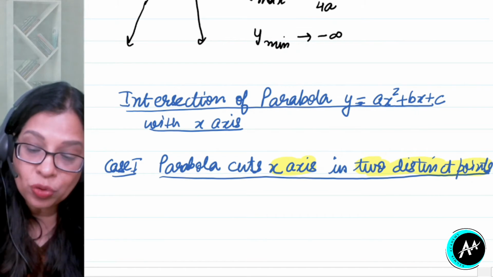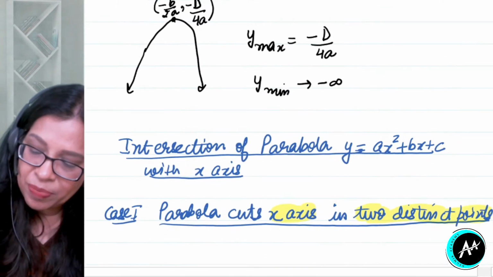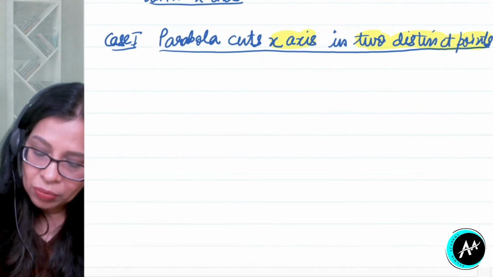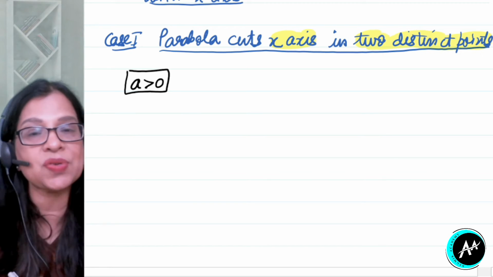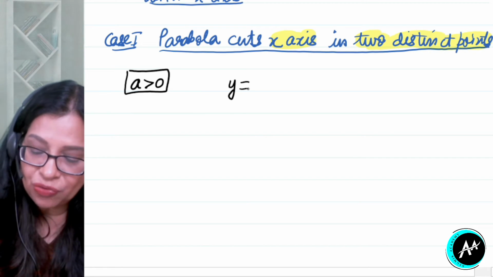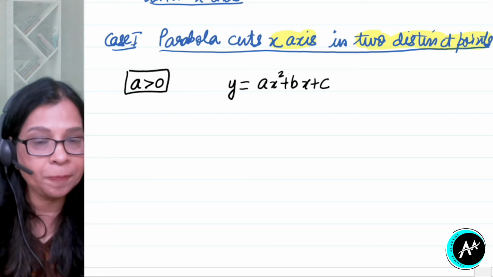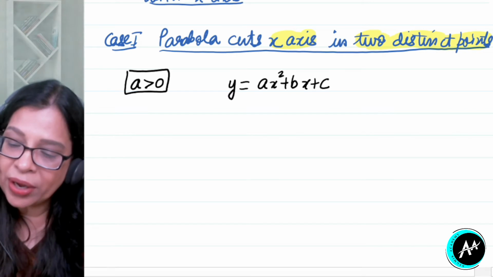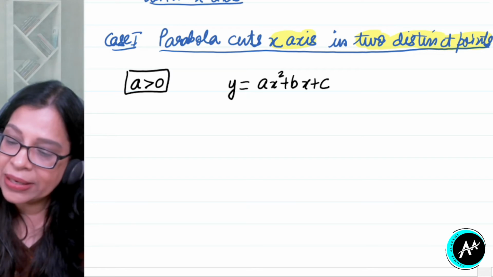Now in this we have to take two cases, a positive and a negative. So in this case, let's see what happens if a is positive. We have this function y is equal to ax square plus bx plus c. We know that it is going to represent a parabola opening upwards. So let us see now.